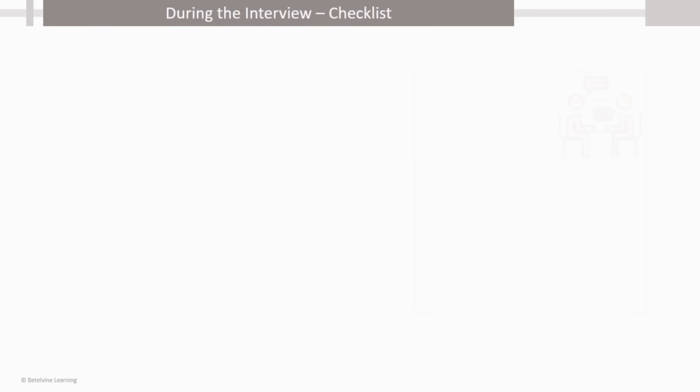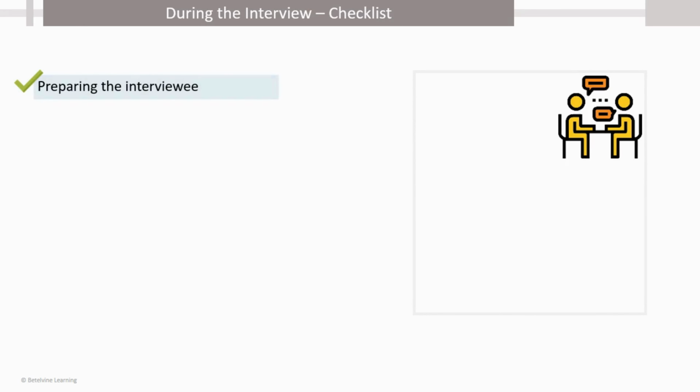Checklist for during the interview. So during the interview, the fact finders should be mindful of preparing the interviewee. Ensure that the interviewee is comfortable. Convey verbally and through body language that you are concerned about the person's plight.